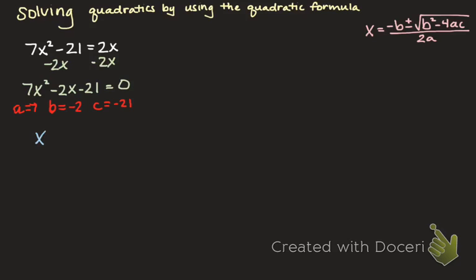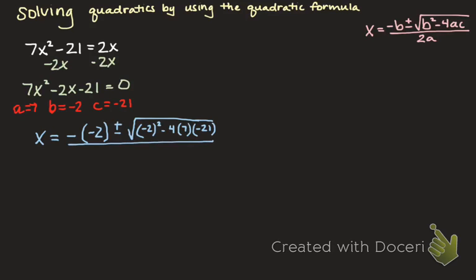So we have x equals -2 for my b value, plus or minus the square root of -2 squared minus 4 times 7 times -21, and this is all divided by 2 times 7. So if you look at what I have written here and look at the quadratic formula, all I did was replace the letters with the corresponding values.